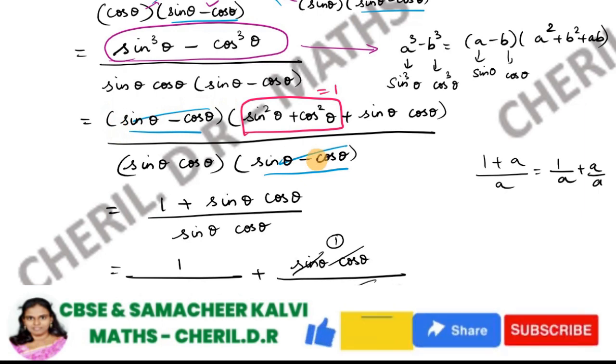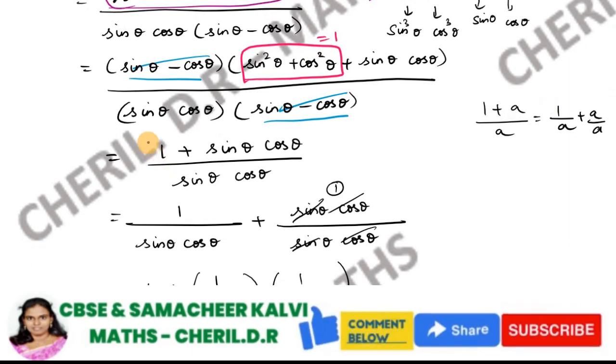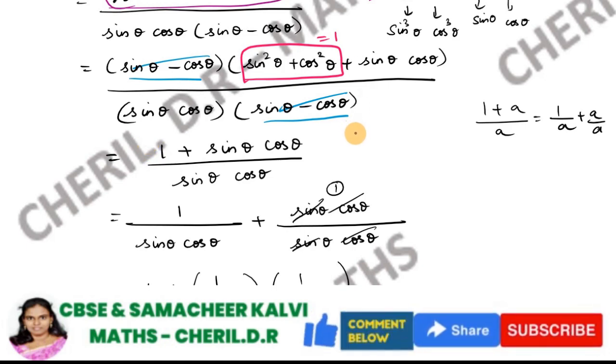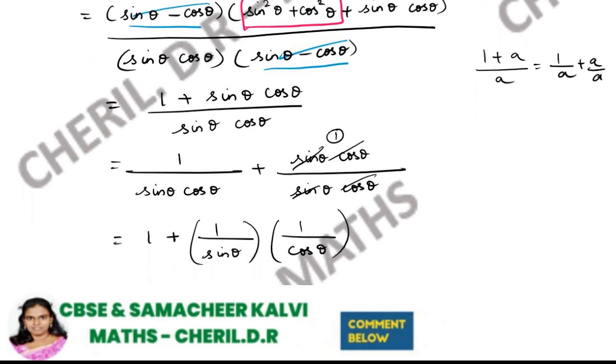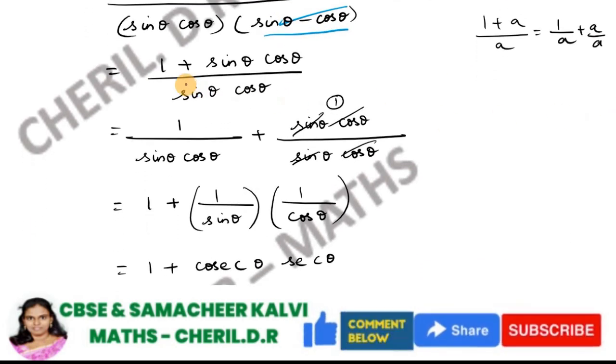So here you're able to cancel, here you're having another identity, sin square theta plus cos square theta equal to 1. So substituting for that identity, you're getting 1 plus sin theta into cos theta, okay, divided by sin theta into cos theta.